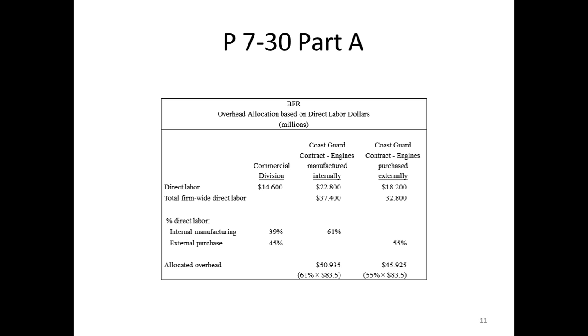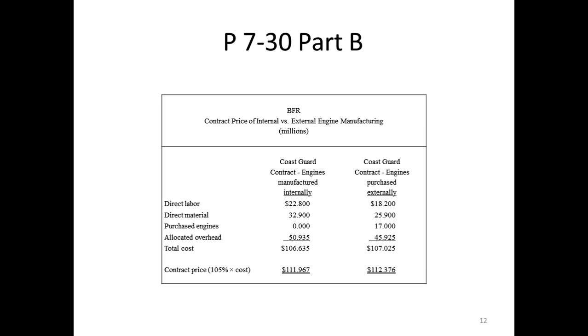So it is going to make a difference because the contract price for the Coast Guard under the two scenarios ranges from $111,967 with the highest allocation to $112,237 by purchasing it externally, because the costs of the purchased engines are more than the costs to manufacture.